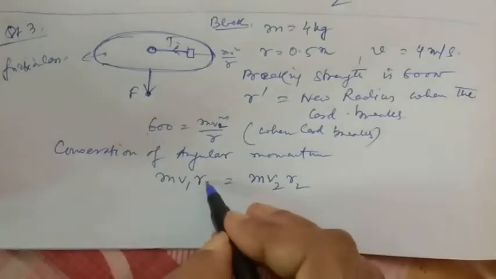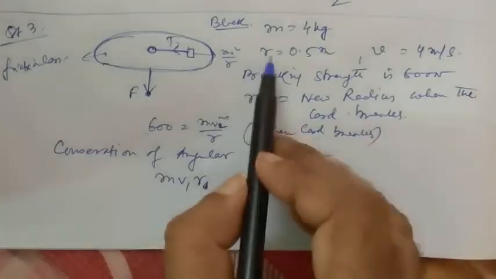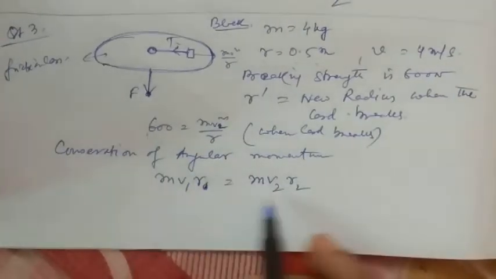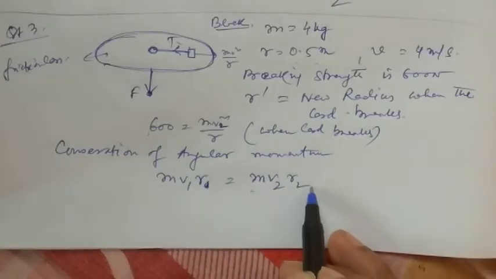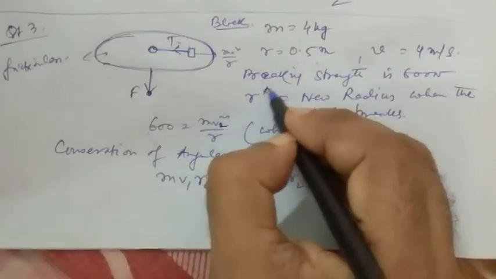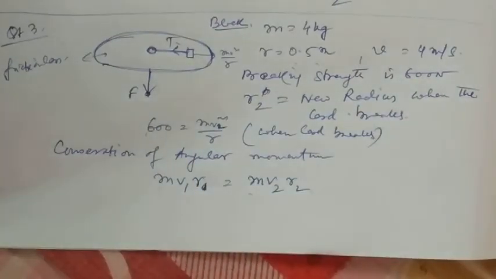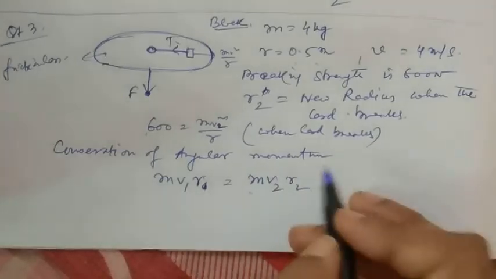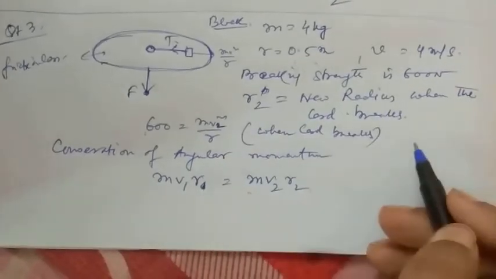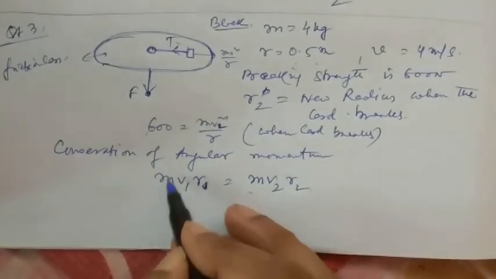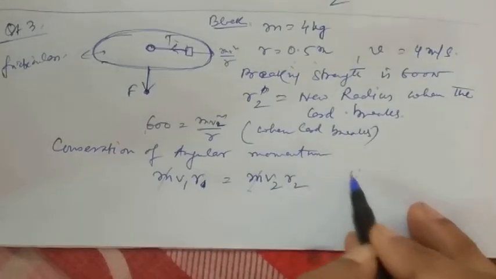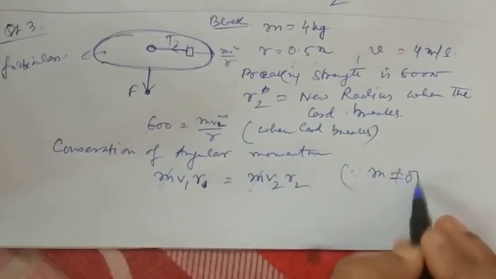Sorry, mv1r1, you are taking it to be r, this r is equal to 0.5. So mv1r is equal to mv2r2. You can take this to be r2, the radius when the cord breaks. So the m gets eliminated since m is not equal to 0.